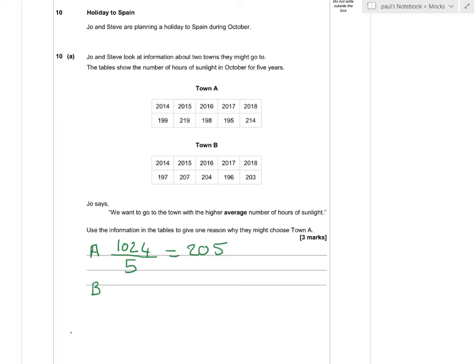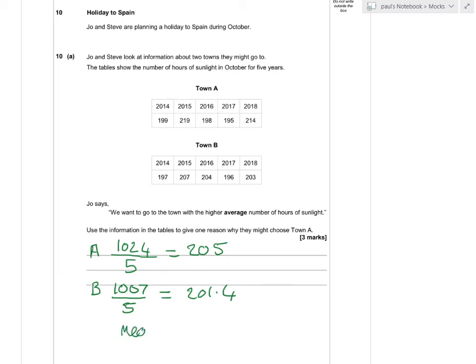Town B, again, we're going to add them all up and divide by 5. So town B is 197 plus 207 plus 204 plus 196 plus 203 is 1007. Divide by 5 is 201.4.